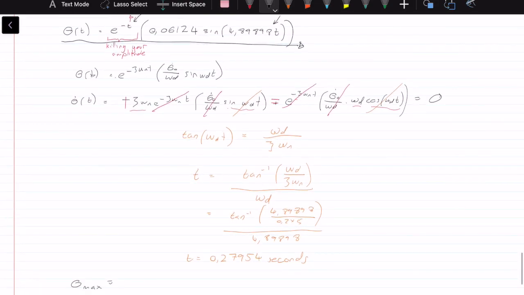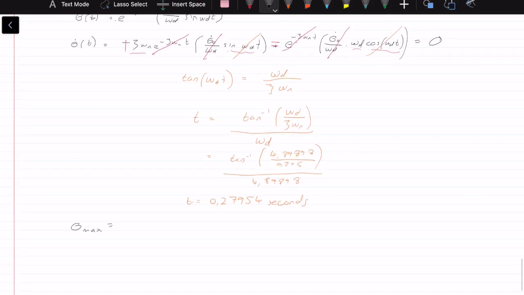Okay, and we're left with an answer of 0.04537 radians. So that is our theta max.